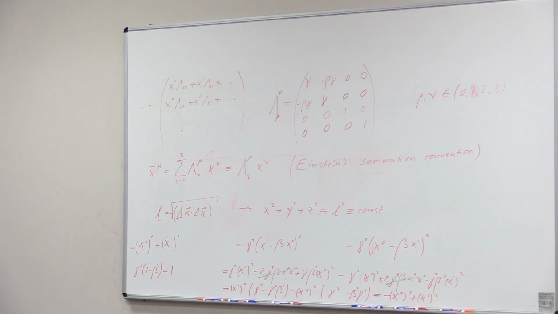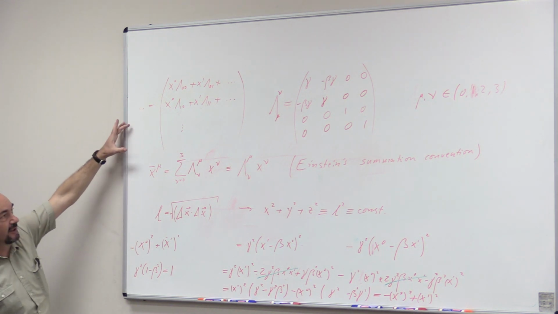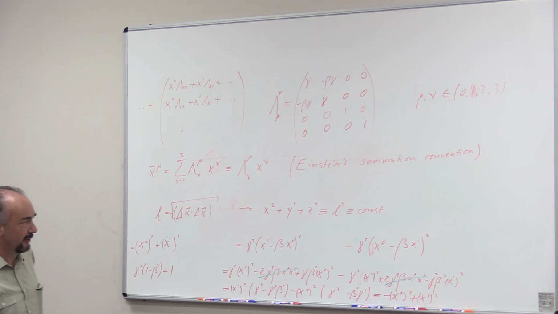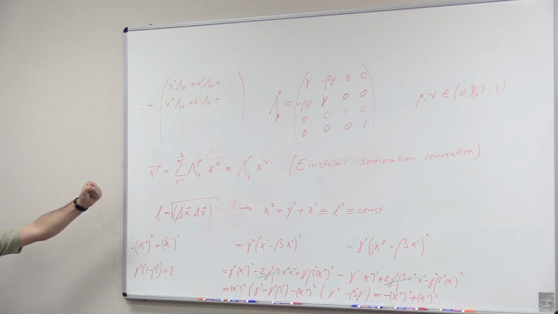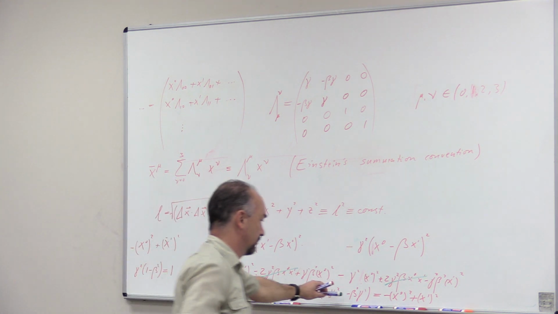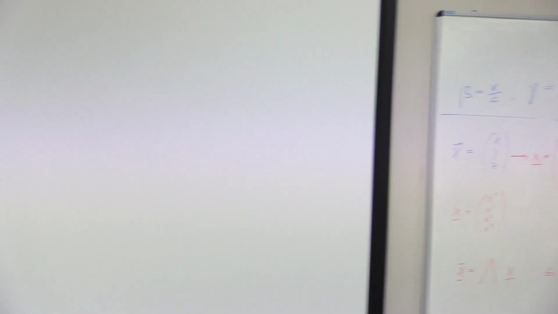So what we have just shown is that if we incorporate time as the zero component, this normal length, 3-vector product is no longer constant, it's no longer invariant. But what is invariant, let's write this down explicitly here.